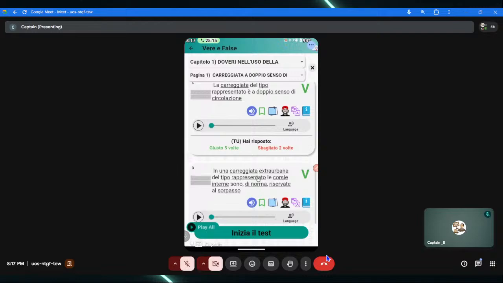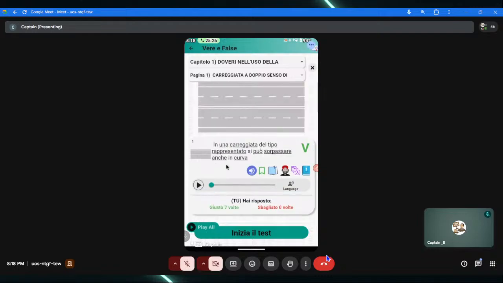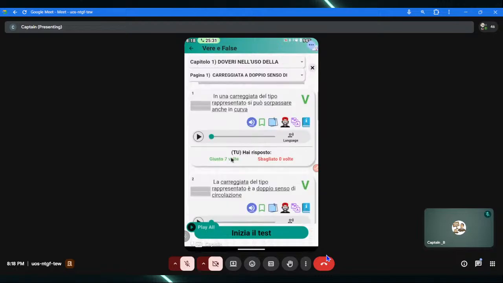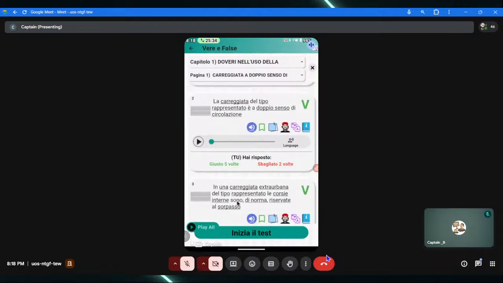The lane. Internal. Now which one? The one that is inside, which I showed you before. These are the internal lanes, and this is also the internal lane. He said the internal lanes are normally reserved for overtaking. And it is true, è vero. As I said before, the inner lane is reserved for overtaking. And it is vero.